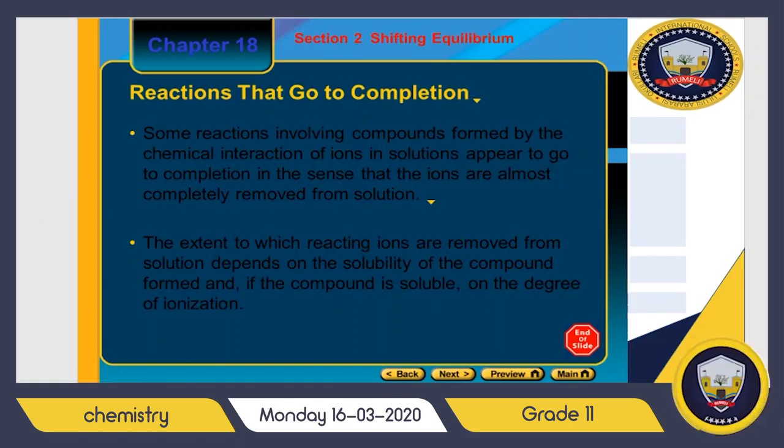The solid is fully ionized or it is partially ionized. If it is partially ionized, the reaction can go to completion.